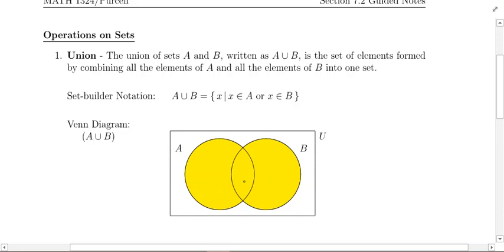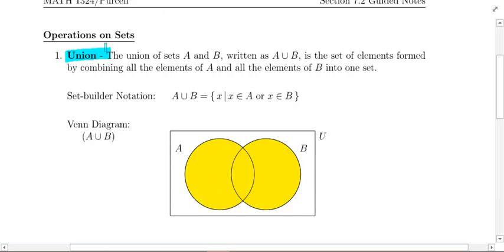Now on page 4, we are going to talk about three very common operations on sets: union, intersection, and complement. We're going to go through each one, talk about what it means, talk about shading it in a Venn diagram, and also look at the notation involved. The first one you're going to see here is union.